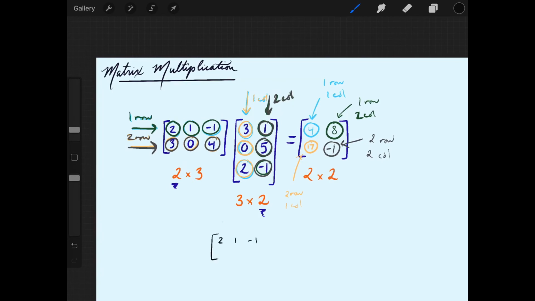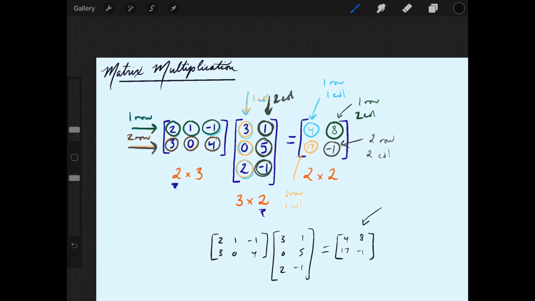What we just figured out is that the matrix 2, 1, negative 1, 3, 0, 4 times the next matrix, we did some calculations and we figured out that the answer to this problem was 4, 17, 8, negative 1, that 2 by 2 matrix right there containing those numbers.